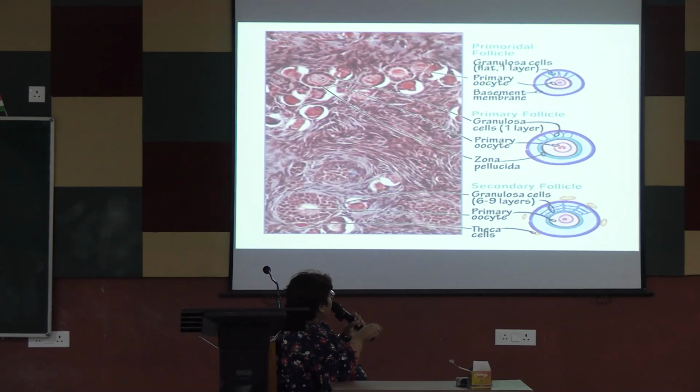Here is the primary oocyte inside, and then here appears the zona pellucida. And there is the mature or the secondary follicle. It has 6 to 9 layers of granulosa cells. The primary oocyte is within, and there is the zona pellucida around the primary oocyte, and there is appearance of these theca cells. So this is the histological structure of the ovary.